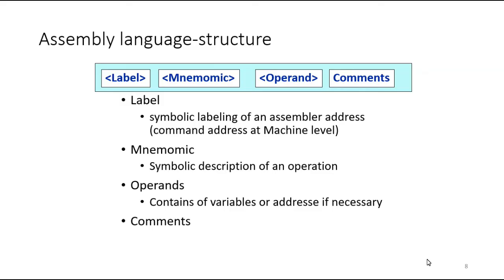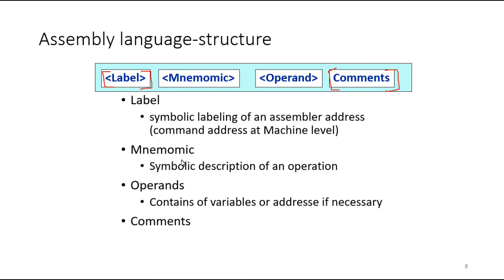What is the structure of an assembly language? Here you can see four things: a label, the mnemonic codes, operand, and comments. In fact, the first label and the comment should be in square brackets. A square bracket implies that this is an optional thing, not necessary. Label means giving a name, assigning a label to address something.